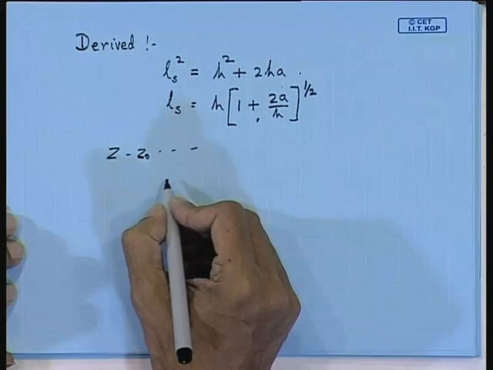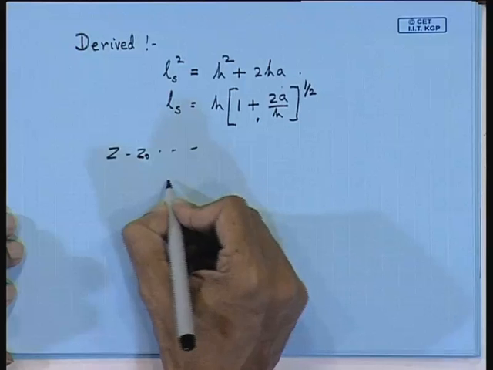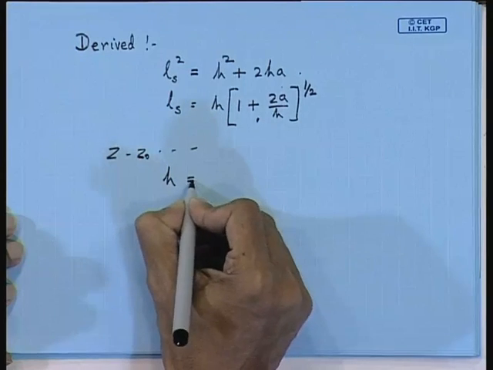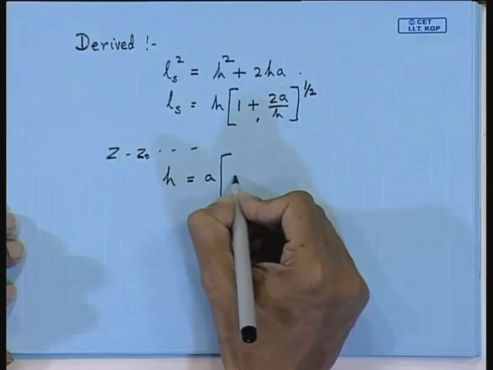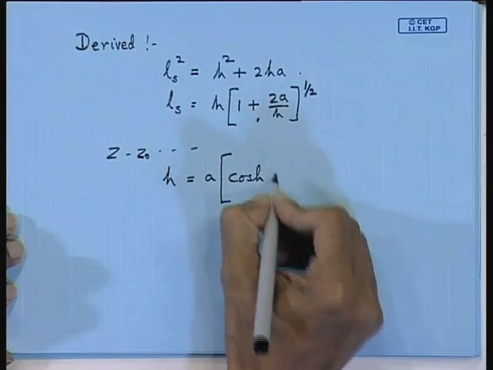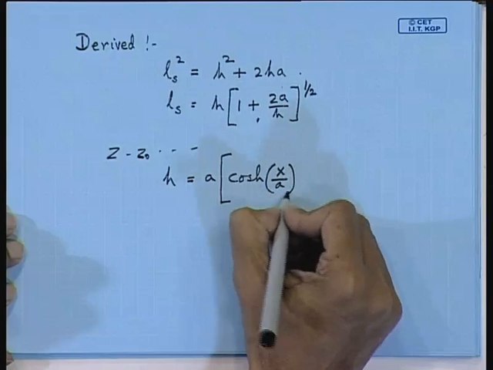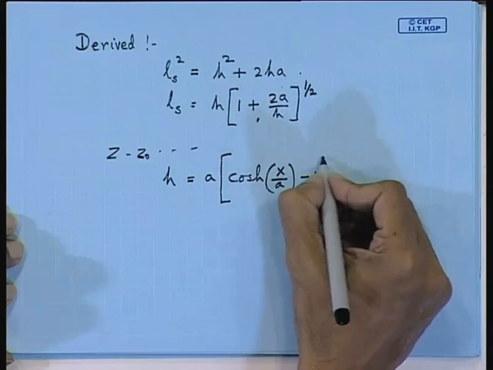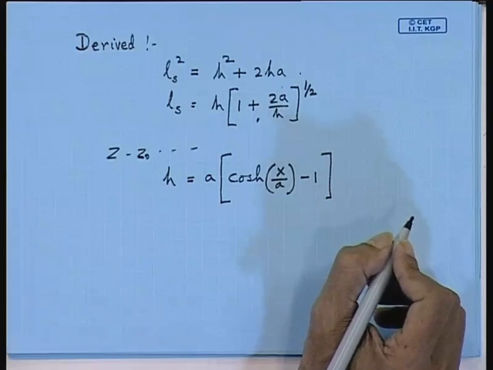We have put z equal to 0 at the water surface. So, h is, if you look back into your notes, a multiplied by cos hyperbolic of x by a minus 1. This is the expression we derived from z minus z naught, and you put z equal to 0.